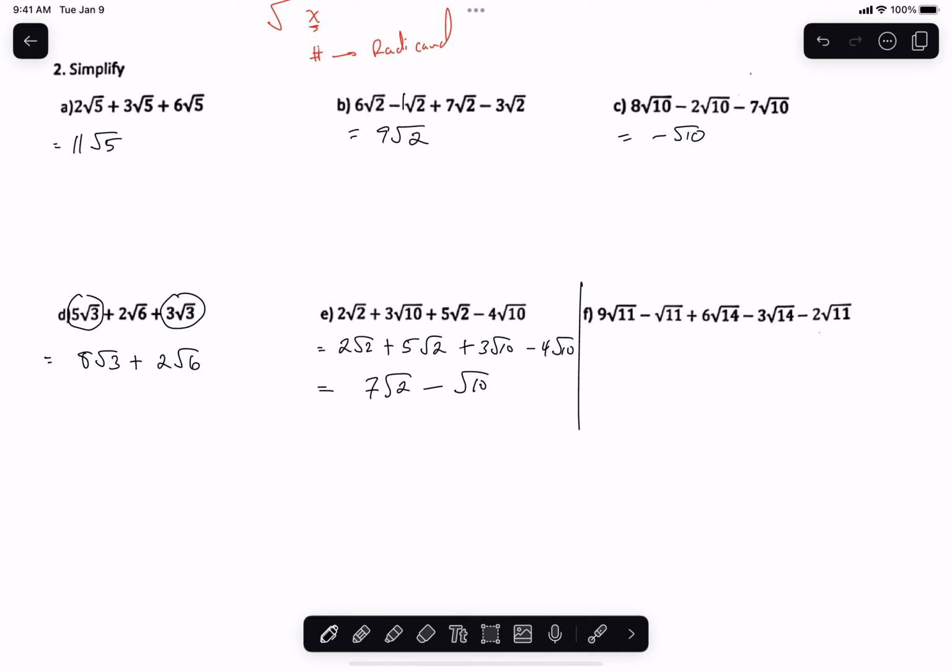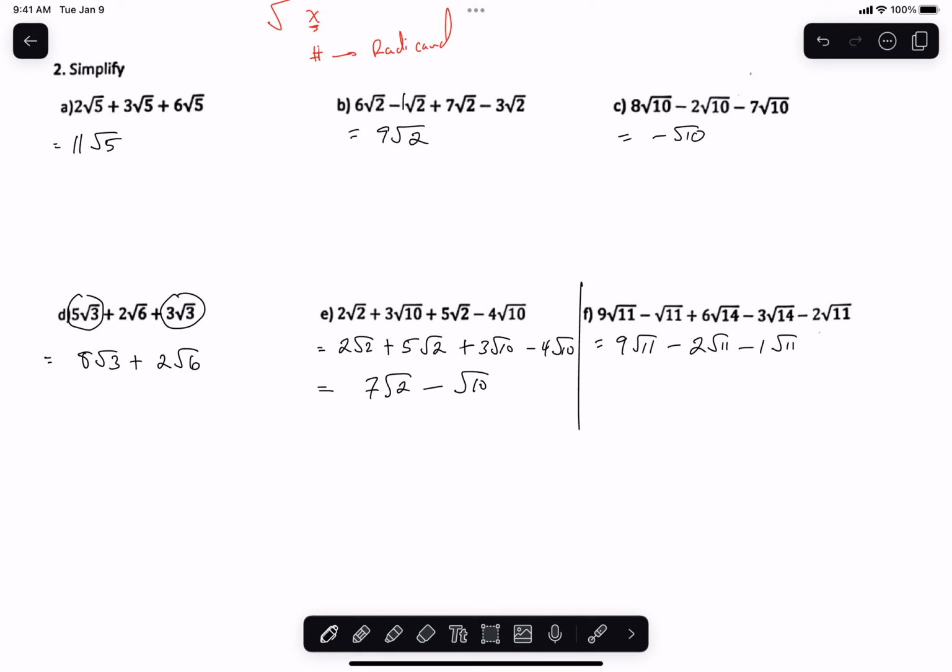Okay, last one. 9 root 11 minus root 11 plus 6 root 14 minus 3 root 14 minus 2 root 11. Again, maybe you find it useful to rewrite this so that everything's grouped together. 9 root 11 minus 2 root 11 minus 1 root 11.